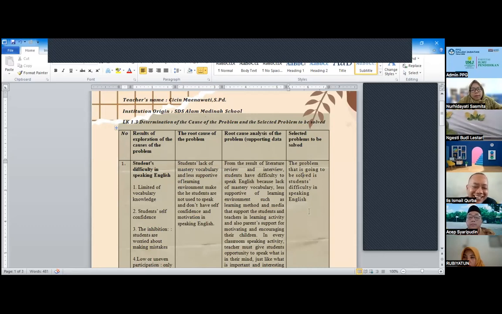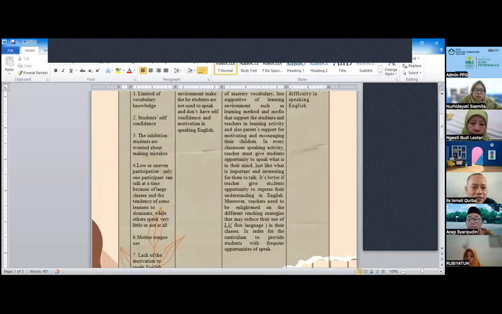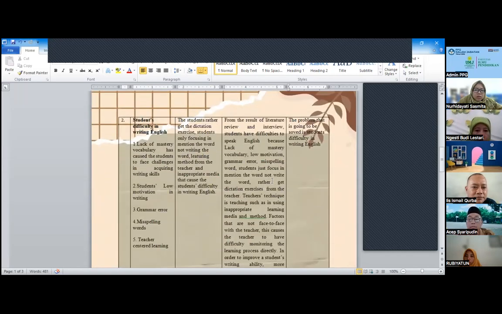Yeah, that is a typo. Actually, my question is the same as Miss Annie's, because you don't write down the problem specifically. Maybe for the second problem, can you scroll down, Miss Cicin? This one.